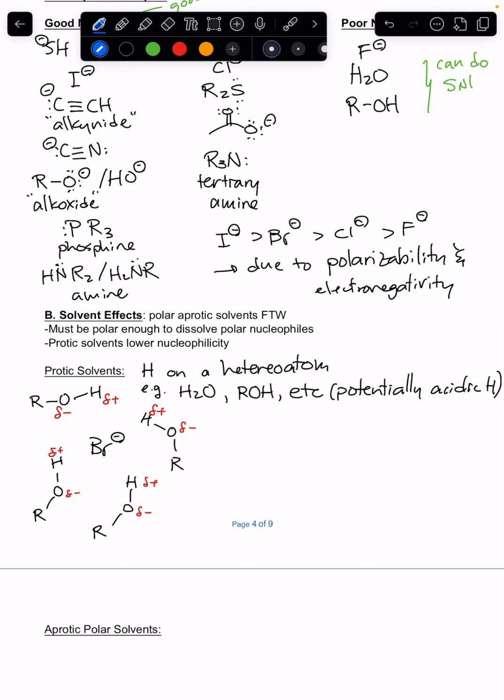And what happens is, because the nucleophile is by definition electron rich, it's negatively charged often, there's going to be a partial hydrogen bonding-like interaction between the negative charge of the nucleophile and the partially positive protons. What that does is, because all these protons are partially positively charged, the electron density of the nucleophile is sort of sucked off by solvation.